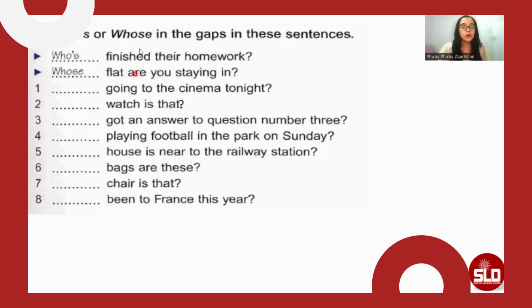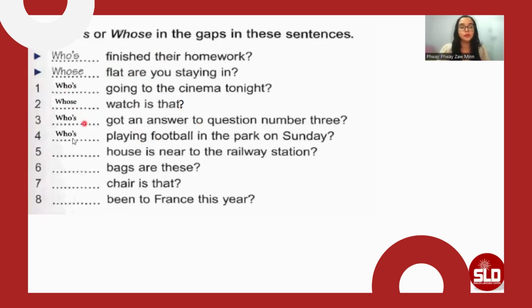All right, so the rest of the exercise. Number one, who's going to the cinema tonight? Asking about the person. And then whose is that? For possession. Who's got an answer? That is asking for a person. And who's playing football?